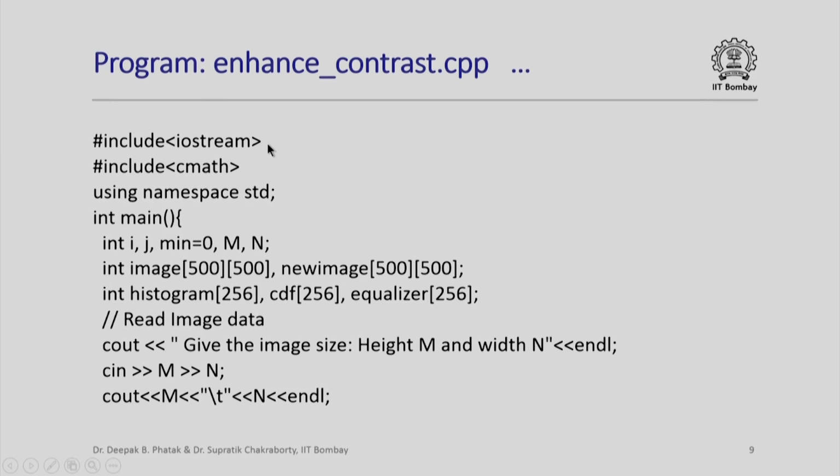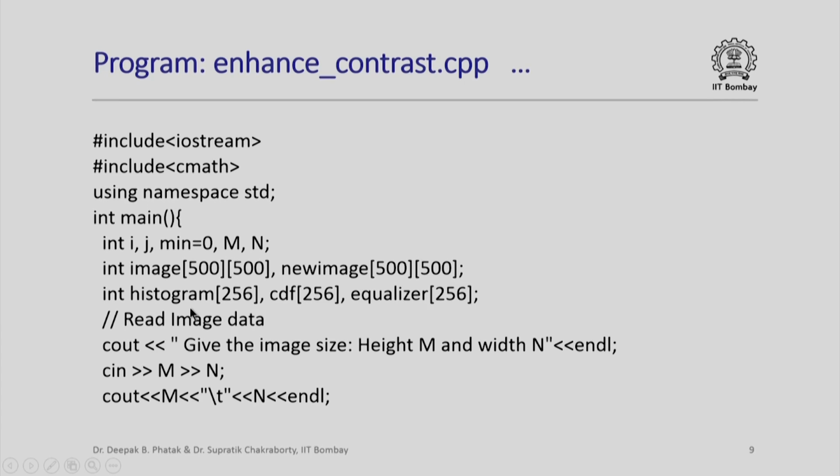After the standard include statements, I include the CMath library because I will require some mathematical computations here. These are the variables that I have declared. Notice two arrays, image 500 by 500 will store the original image, new image 500 by 500 will store the new image after changing the pixel values to get my contrast enhancement.